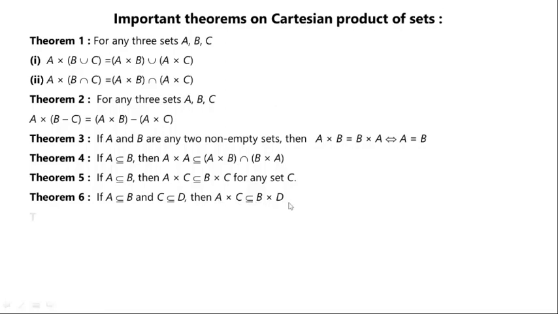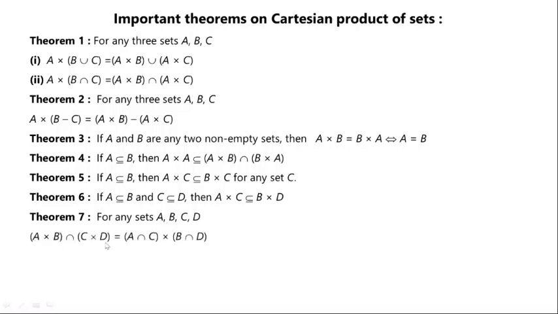Next theorem: for any sets A, B, C, D, we have (A cross B) intersection (C cross D) is equal to (A intersection C) cross (B intersection D).